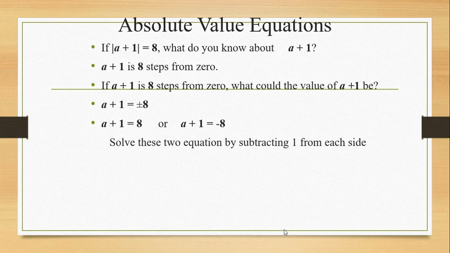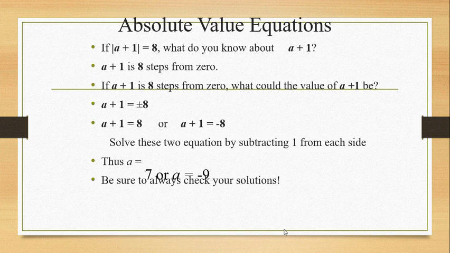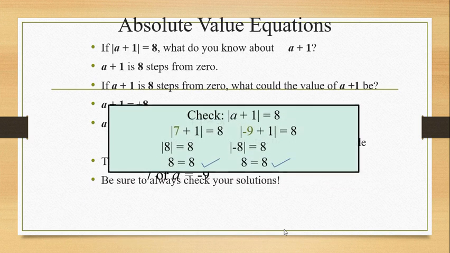We're going to solve these two equations by subtracting 1 from each side. So if I take the first equation, a plus 1 equals 8, and subtract 1 from it, then a is equal to 7. If I take a plus 1 equals -8, subtract 1 from either side, then -8 minus 1 gives me -9. Okay, we always need to check our solutions.